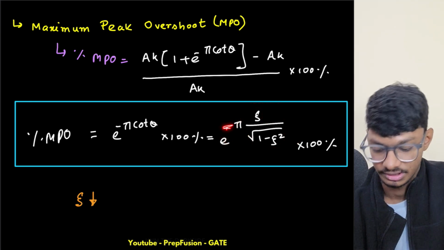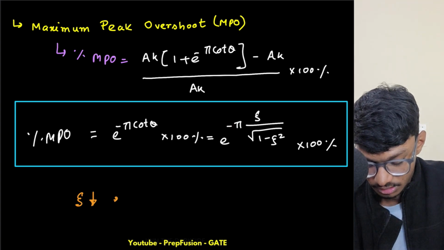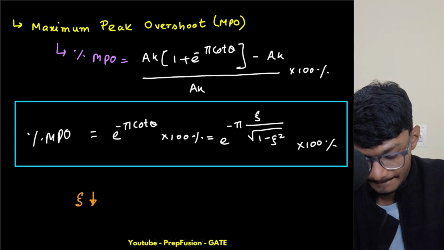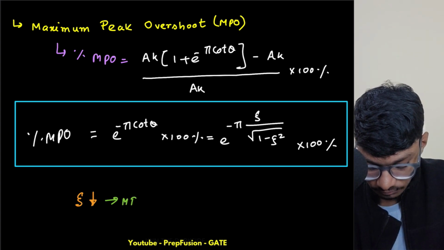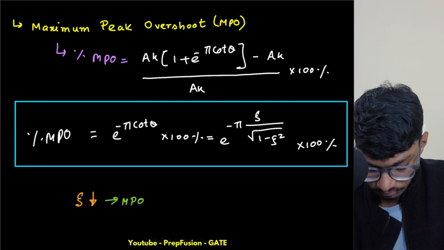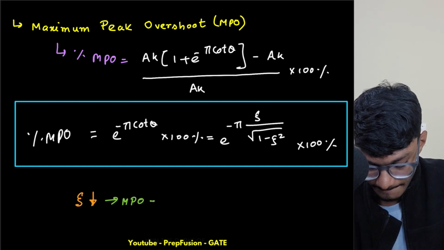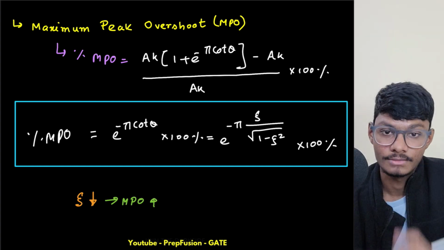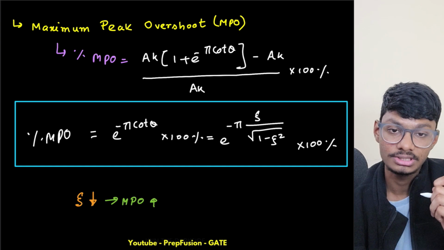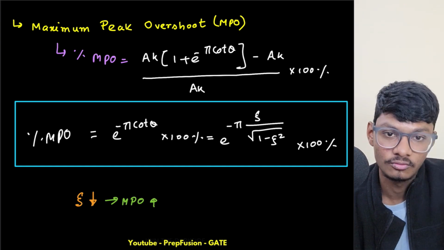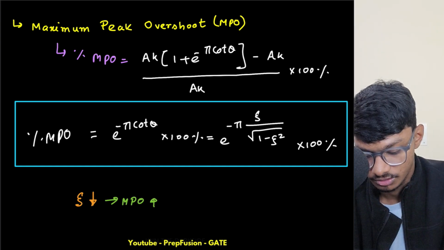There is a negative sign over here, so your MPO will increase. So if MPO increases, what does that mean? It means that your maximum peak overshoot and zeta are inversely proportional to each other.